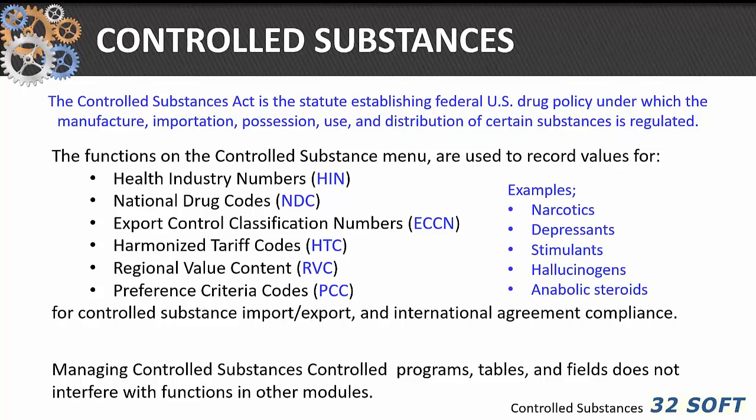It was written primarily for the Controlled Substances Act, which addresses narcotics, depressants, stimulants, hallucinogens, anabolic steroids, and you'll find many more. These are defined in the healthcare industry numbers, export classifications, harmonized tariff codes, etc.